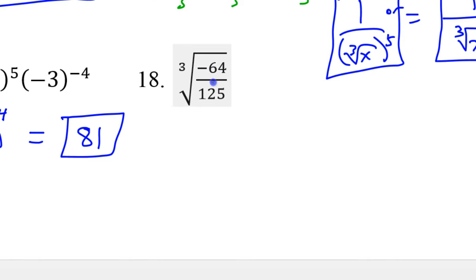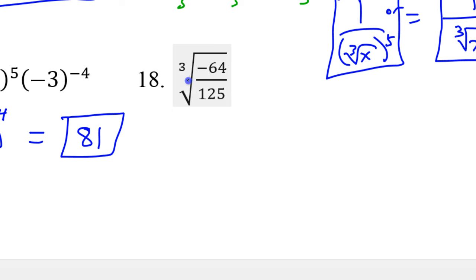Are these both perfect cubes? Yes. Okay, if these are both perfect cubes, then is this possible? I've got a negative under this radical. Is this going to even be possible? Yes, because it's odd. You can do the odd root of a negative number, no problem. You just can't do even ones.